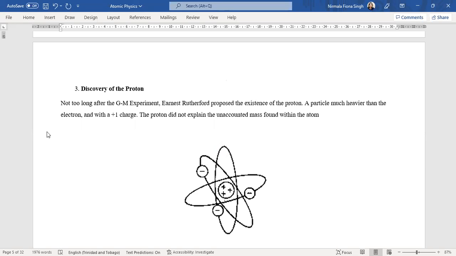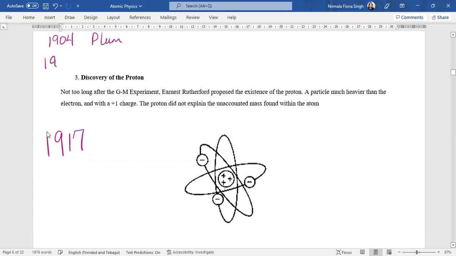So Rutherford, and this was in 1917, everything's coming fast and furious. We started in 1904 with plum pudding, right? And in 1911, we came up with the nucleus, right? And then in 1917, we have here the discovery of the proton.